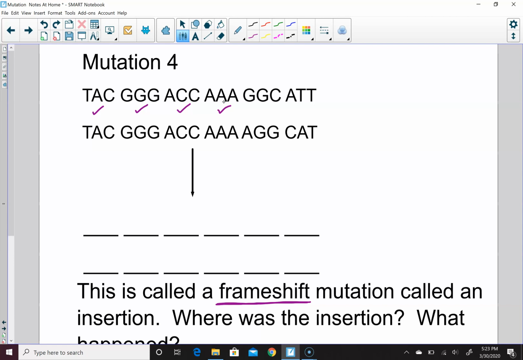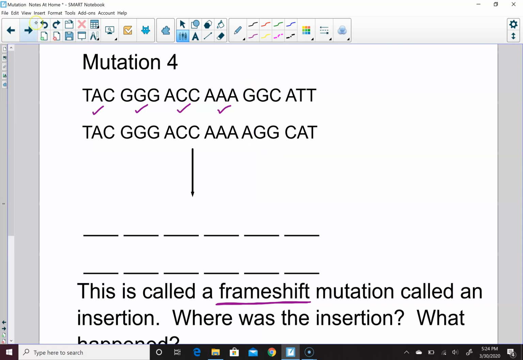Normally I would say, oh, there's just a substitution here. Normally that's what I would say. But you always have to look down the line. And if you see that they're all messed up after that one switch, you know you have a frame shift. So let's see what our frame shift is.